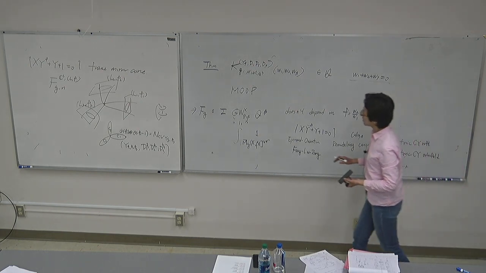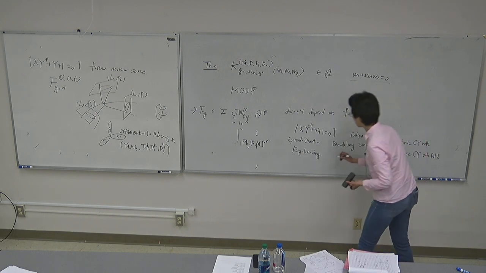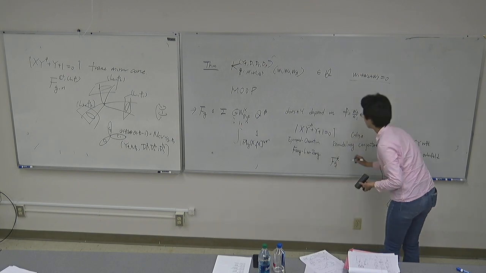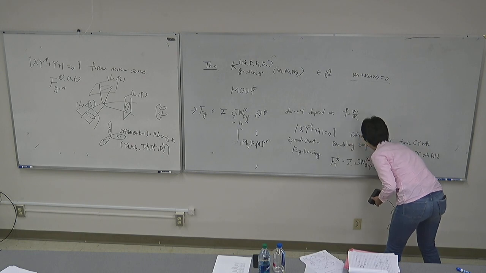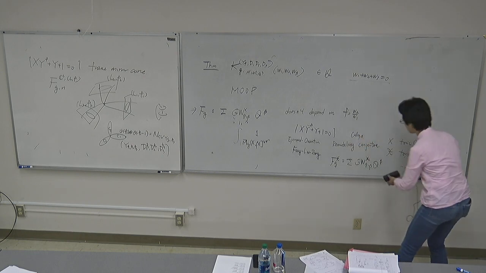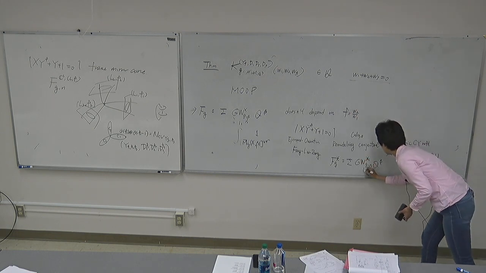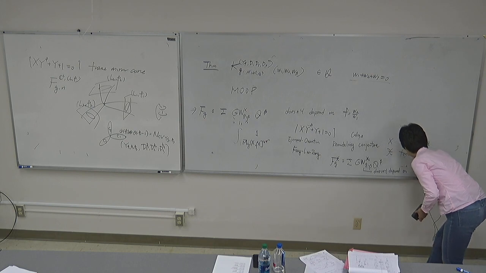So in this case, it's a consequence of this proof that F_g of X, so this is some extended Taylor parameter, doesn't depend on this slope.